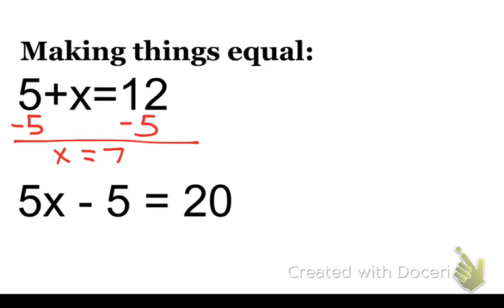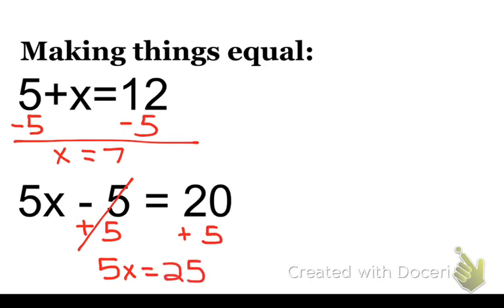I want to get the 5x by itself, so the first thing I'm going to do is add 5 to each side. I get rid of that negative value, and I'm left with 5x equals 25. I know that 5 of those mystery pouches equal 25, so by dividing both sides by 5, I cancel out the number in front of the variable, and I'm left with x equals 25 divided by 5, which is 5.